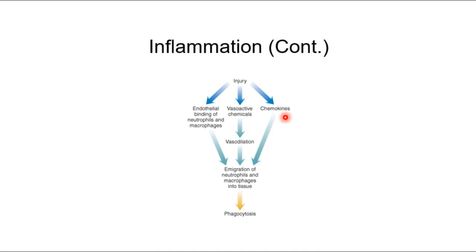Some of these things like chemokines, they just came from damaged cells. There's stuff inside the cell, and it's supposed to be inside the cell. When you destroyed the cell, now that stuff is outside the cell. And some of that stuff will act like a chemokine and will be pro-inflammatory.